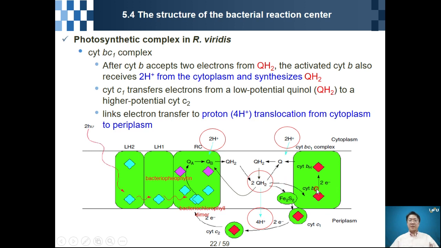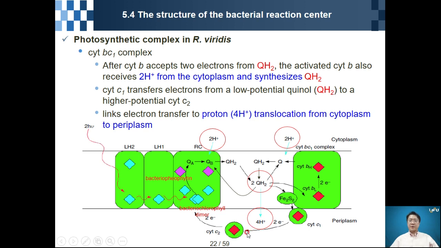After that, the activated cytochrome b also receives 2 protons from the cytoplasm and synthesizes QH2.